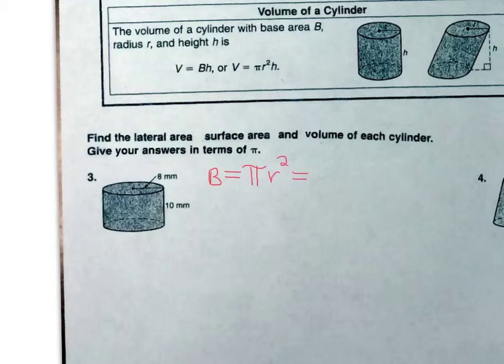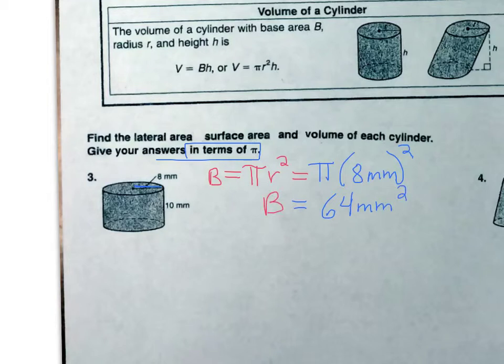The radius is 8. They want the answer in terms of pi, which means I'm not going to put pi into the calculator. So it's pi, the radius is 8, and you square that number. 8 times 8 is 64. So this is the area of the base, which is a circle.